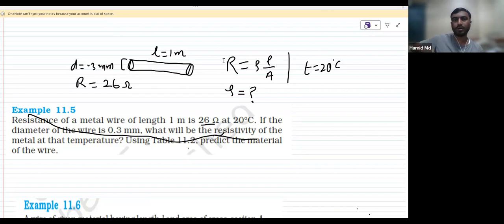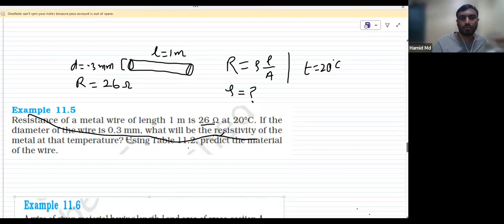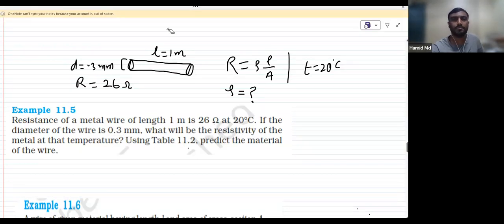Resistivity will not come in ohm. Jaslyn, resistivity never comes in ohm. Although your answer may or may not be correct, the unit of the answer is not correct.